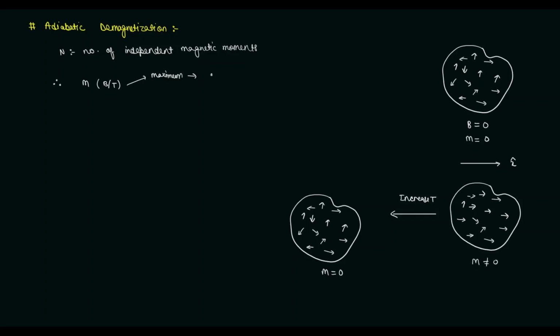So this magnetization will be maximum if the magnetic field is high and the temperature is low, and the magnetization will be minimum or zero if magnetic field is low or the temperature is very high. So there is always a competition between thermal energy and magnetic energy.